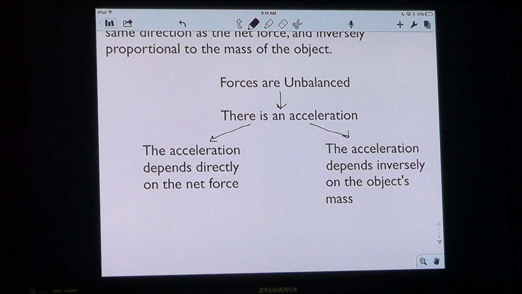Kind of an easier way to say that is as the net force increases or goes up, the acceleration goes up, or increases. And this is saying as the mass increases, the acceleration decreases.